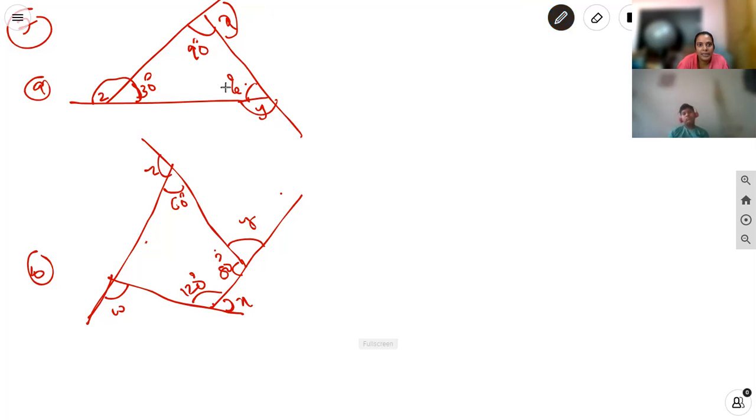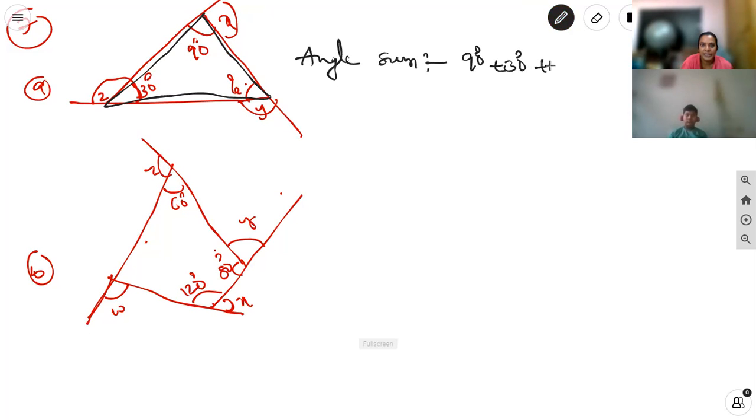Here we know that this is a triangle. In a triangle, we use the angle sum property: 90 degrees plus 30 degrees plus the unknown, let it be C, equals 180 degrees. So C equals 180 degrees minus 120 degrees, which equals 60 degrees.